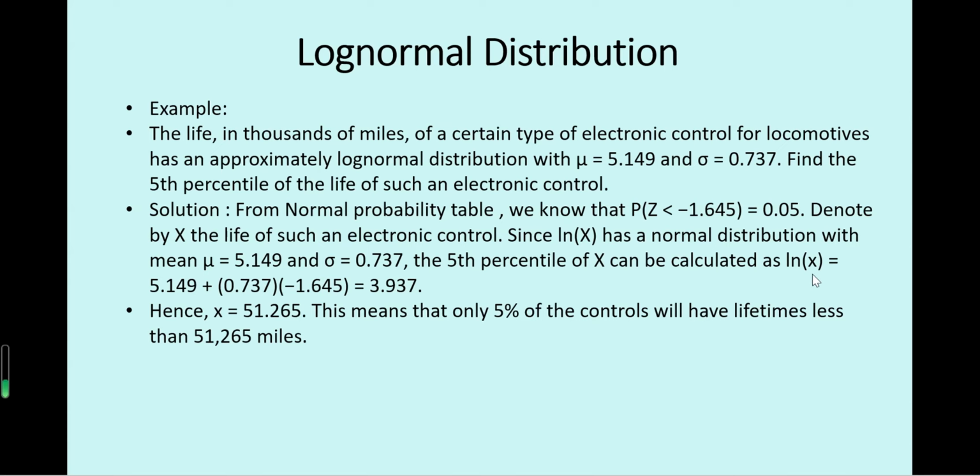Because log X equals 3.937, we take e to the power of this term and get X equals 51.265. This means that only 5% of the controls will have lifetimes less than 51.265 thousand miles.